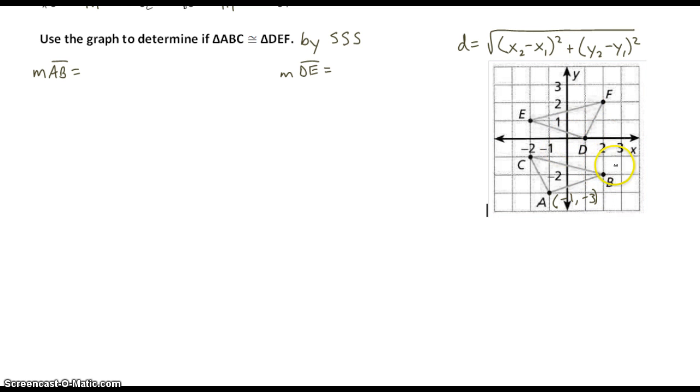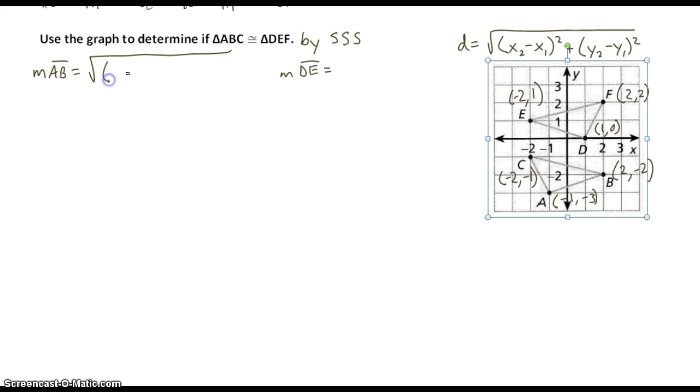B is at 2, -2. C is at -2, -1. D is 1, 0. F is 2, 2. And E is -2, 1. So let's apply the distance formula to find the length of AB.